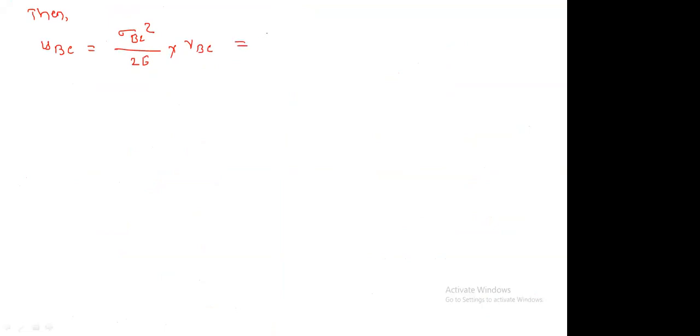So it is equal to sigma BC square upon 2E into volume, meaning area of BC into length of BC, is equal to sigma of BC already given, that is 150 square divided by 2 into 10 raised to 5 into area 100 mm square into length 50.